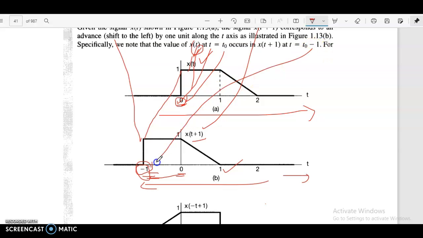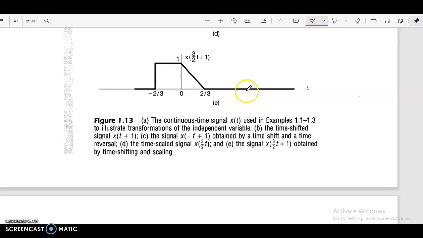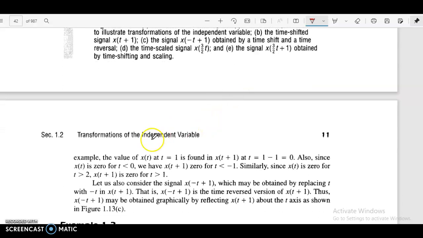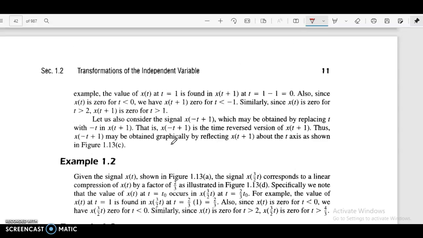This is minus 1. For example, the value of x of t at t equal to 1 is found in x of t plus 1.